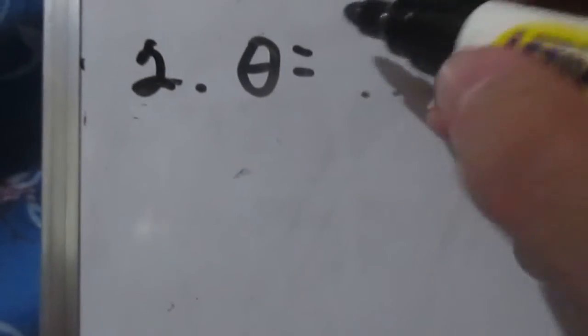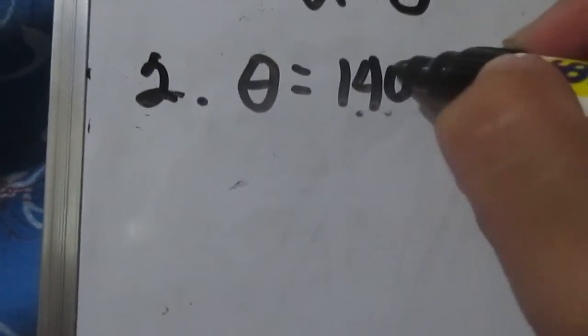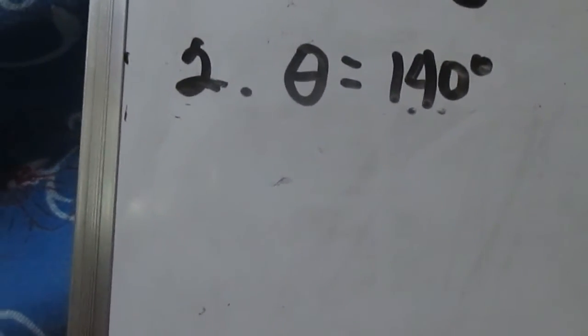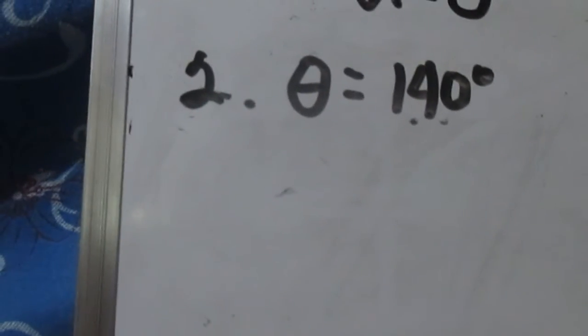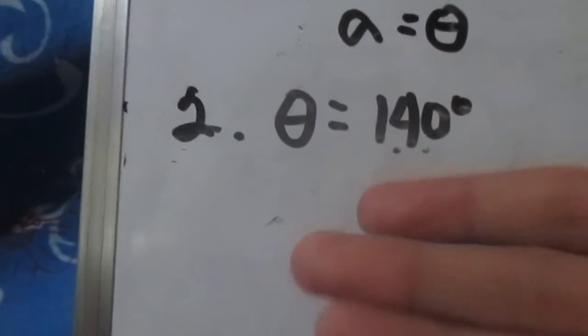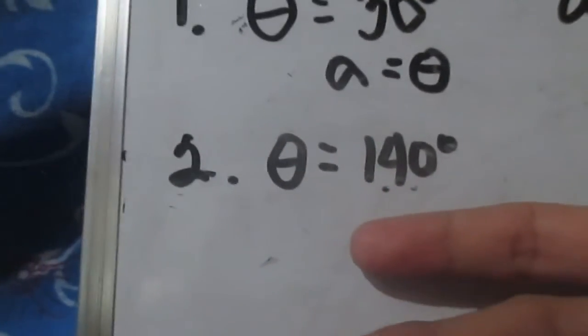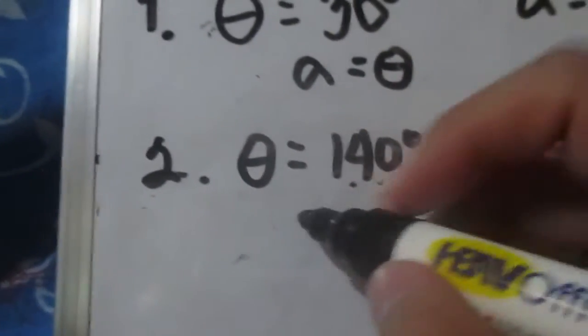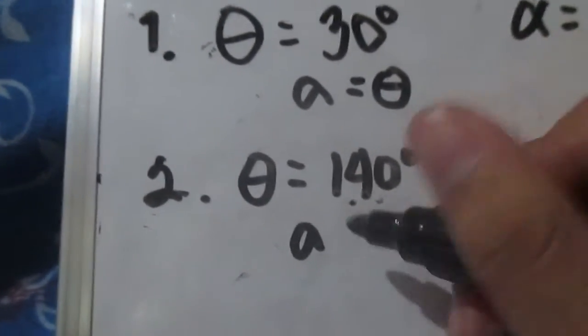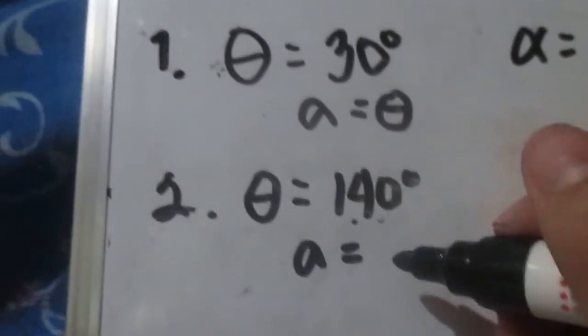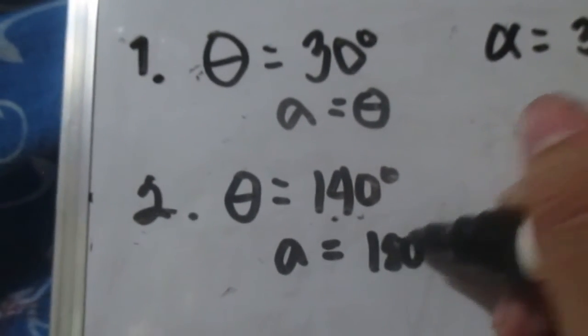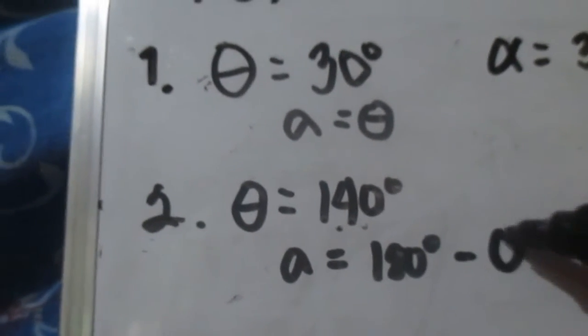Okay, next. For number 2, for example, we have theta equal to 140 degrees. Earlier, we have an equation for quadrant 2 because 140 degrees is located in quadrant 2. The equation is the reference angle is equal to 180 degrees minus theta.